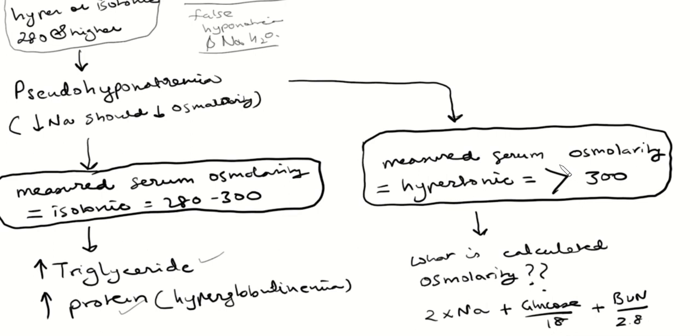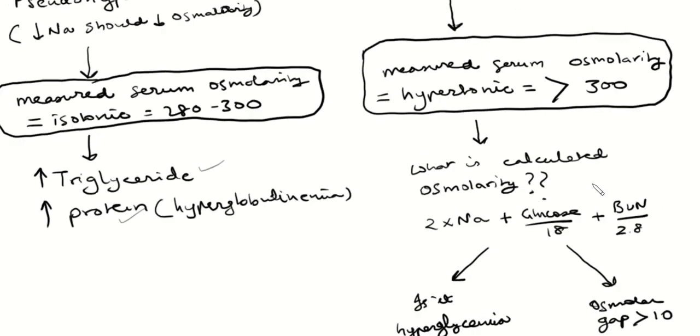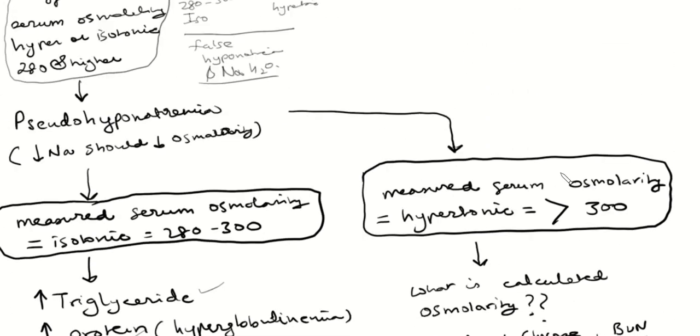If I have hypertonicity, where my plasma osmolarity is greater than 300, okay, then I have hypertonic hyponatremia, which is still false or pseudo-hyponatremia, right?